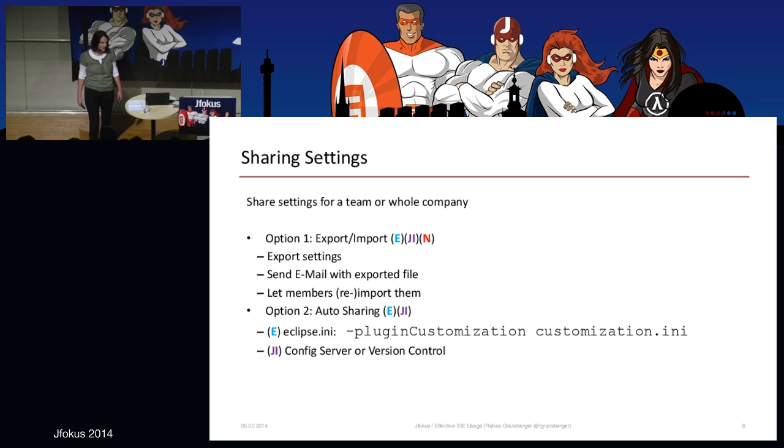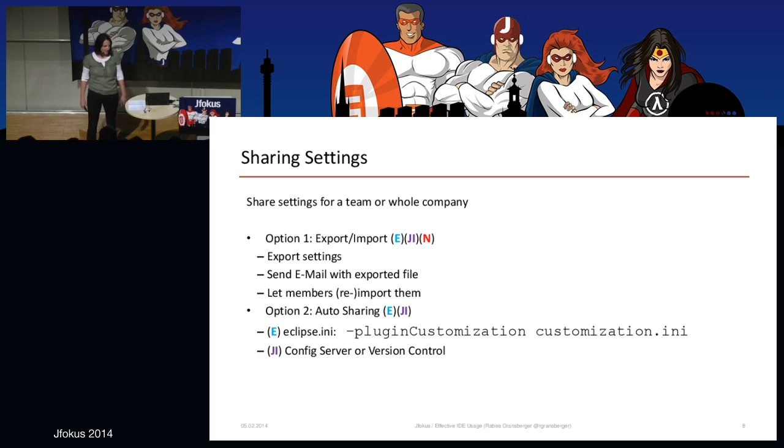You don't want to see them. So how can you share settings? The easiest option is to just export them from your IDE instance, send them by email to your coworkers, and they can import it. But if you change anything in your settings, you have to send the mail again, and they have to re-import it again, and so this can end up in a big mess. You probably don't want to do that.